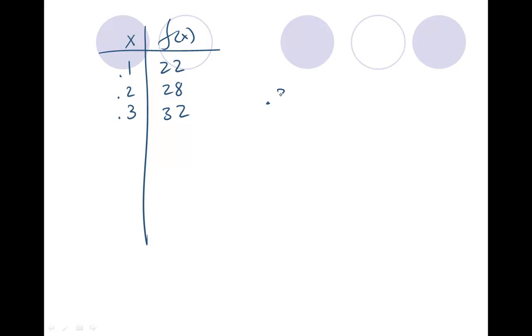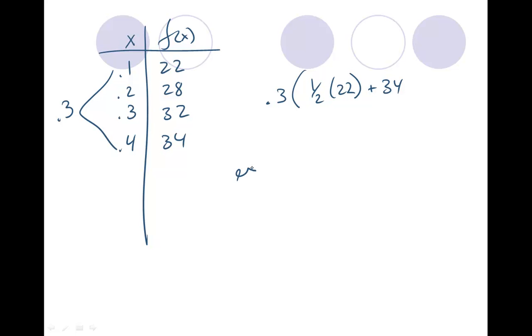They're using every third division times 1/2 of 22 plus 34, which is the next value they're using since their delta x is 0.3, etc., until they get to the last unit, which is 0.1. Please take a moment and look through example 1 in your text.